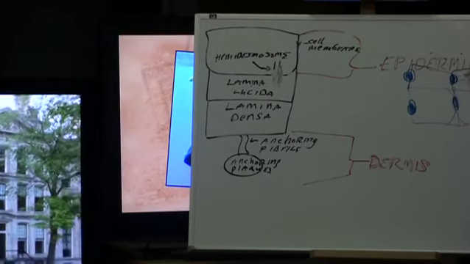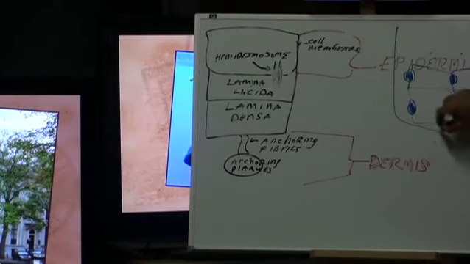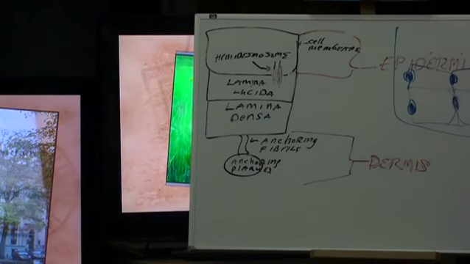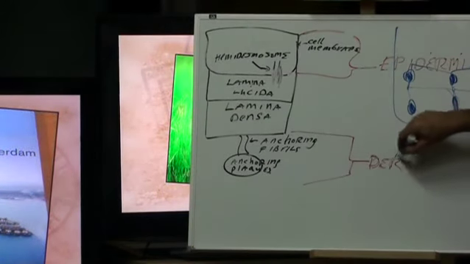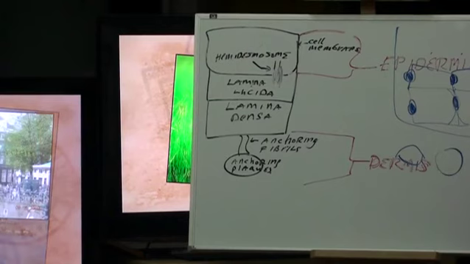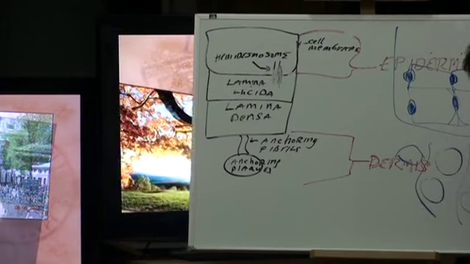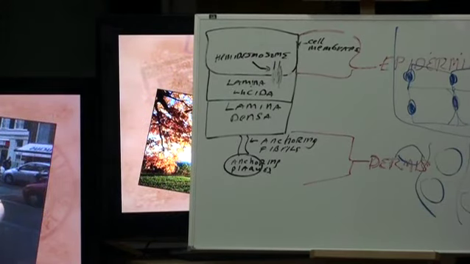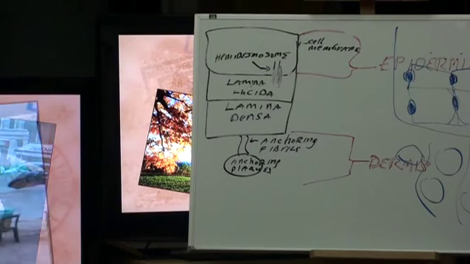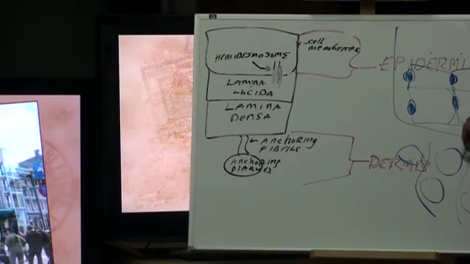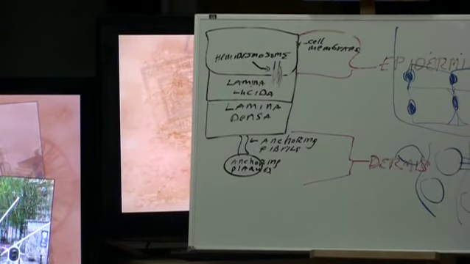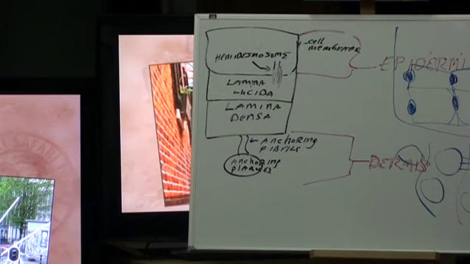This is what happens, and when you look at a biopsy, this would be normal. You'll see these cells floating in a blister, separated by fluid spaces. Remember in eczema, you get these cells stretching, a little bit of fluid in between, and you see some inflammation.